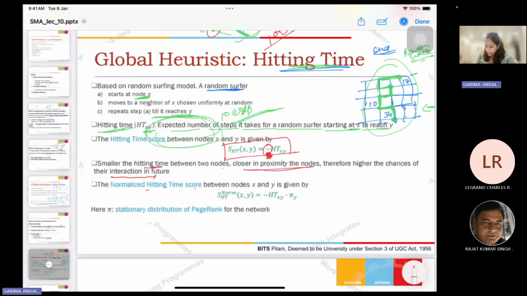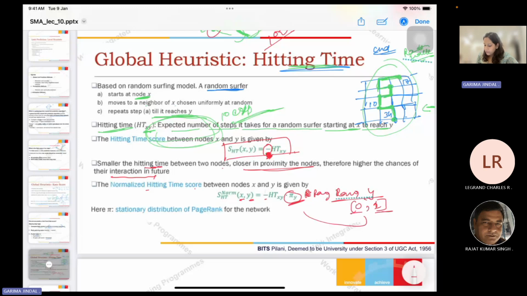So we will multiply the value. Suppose I'm calculating the hitting score between X and Y. The hitting score will be some value. We will take the negative of that value into the eigencentrality or the PageRank centrality of node Y. The PageRank centrality, if you remember, its value ranges between 0 to 1.